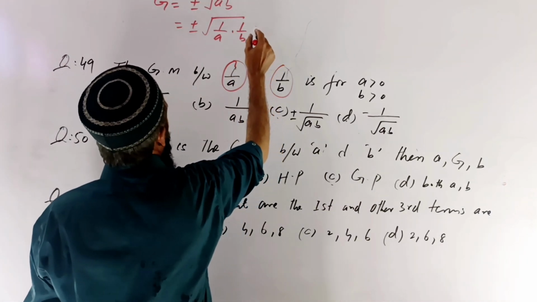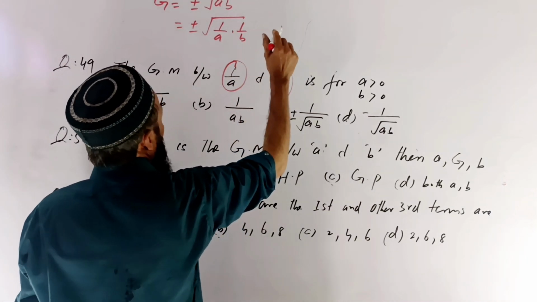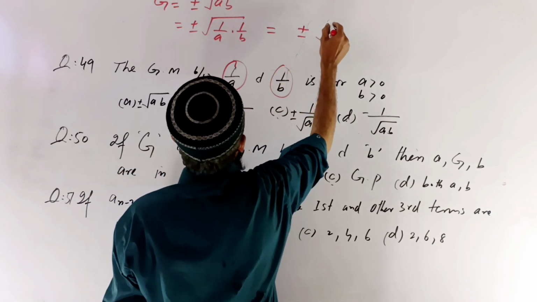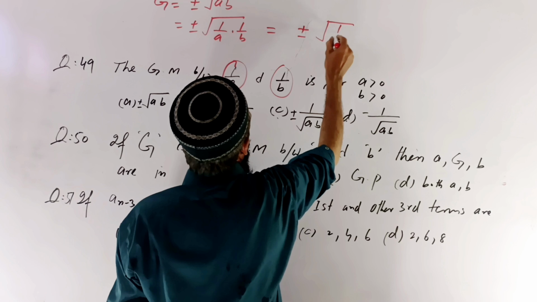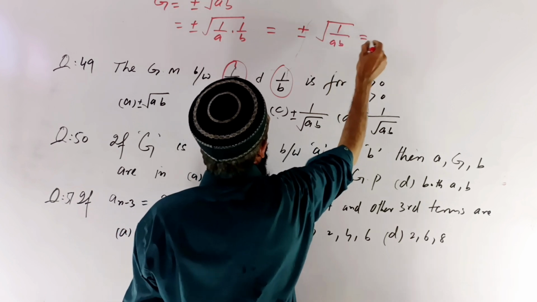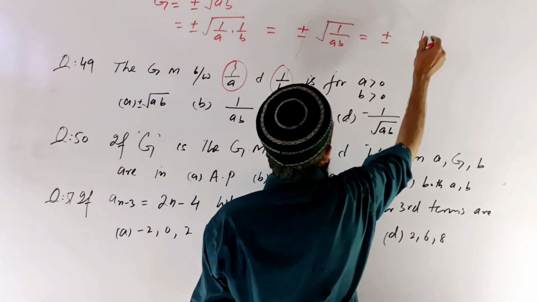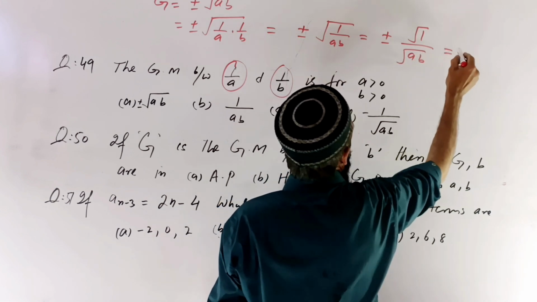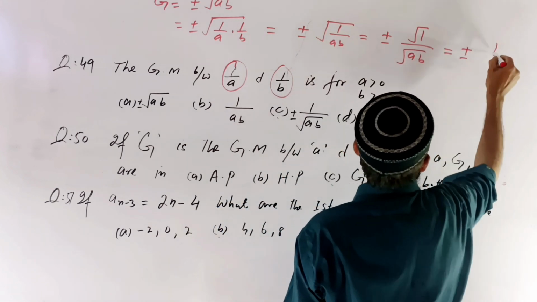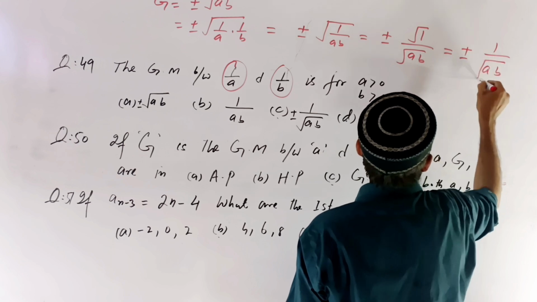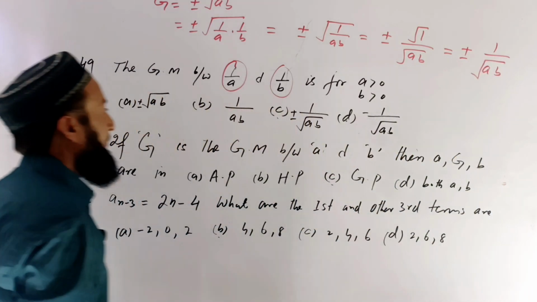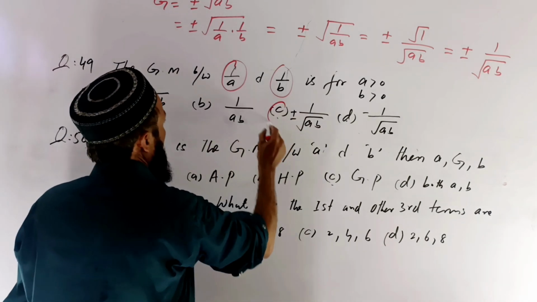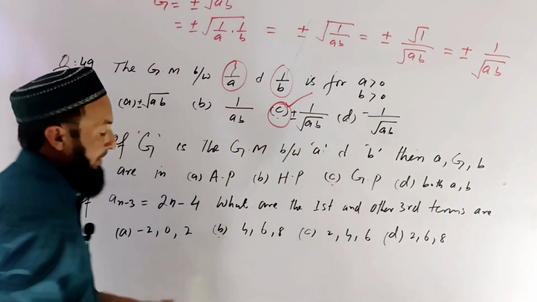So we can write plus minus 1 divided by ab under root, which is plus minus 1 under root over ab under root. So check the correct answer here. This is not correct. The correct answer is C in this case.